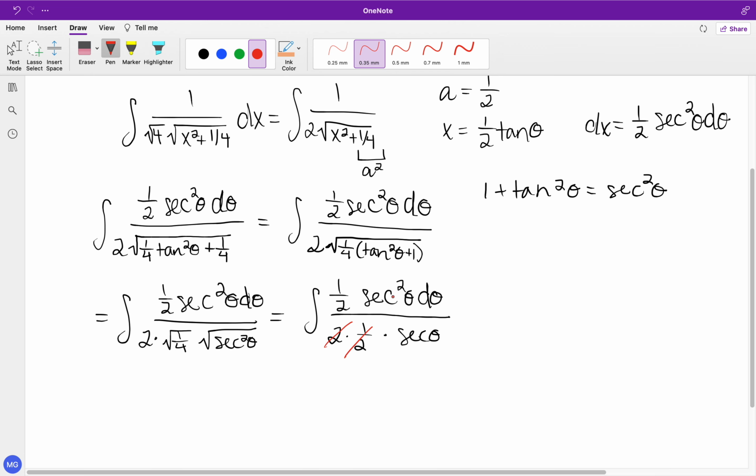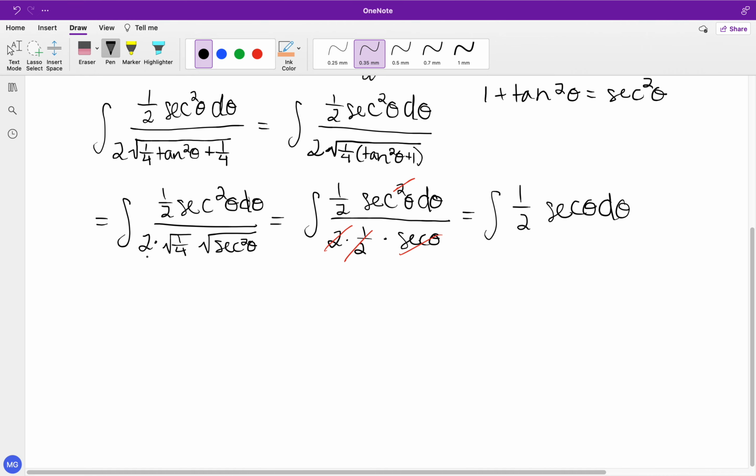These will cancel out, and one of these secants will cancel out, leaving us the integral of 1/2 secant theta d theta, in which case we can just bring the 1/2 in front.